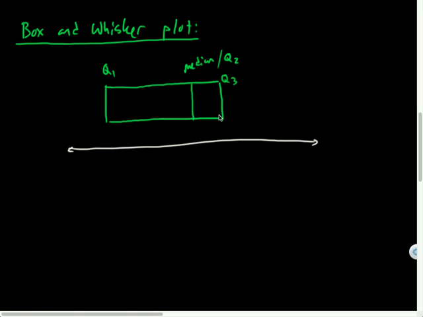And now you probably are wondering, well, what about the whiskers? Well, the first whisker is represented by the lowest value, and the top whisker is typically represented by the highest value. Technically, sometimes those can be different if there's this concept of an outlier.